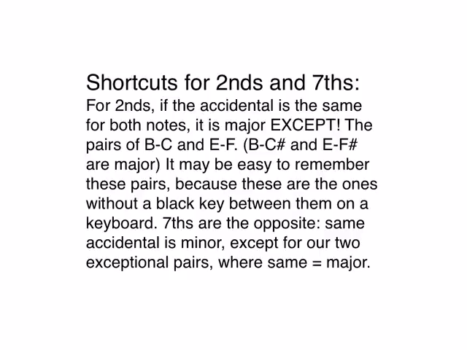For seconds, if the accidental is the same for both notes, then the second is major. The exception would be the pairs of B and C, E and F. This is a little easier to picture if we look at a keyboard.